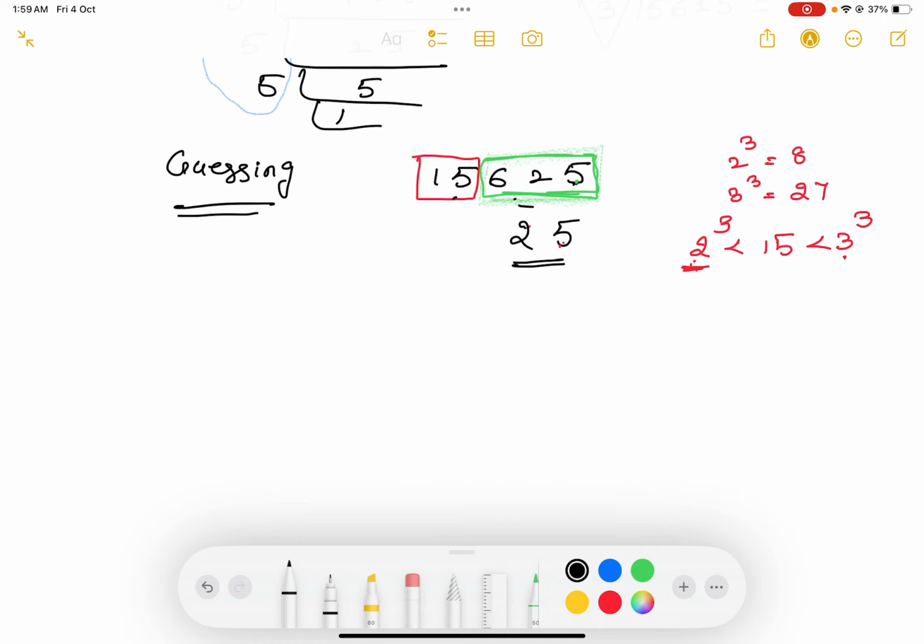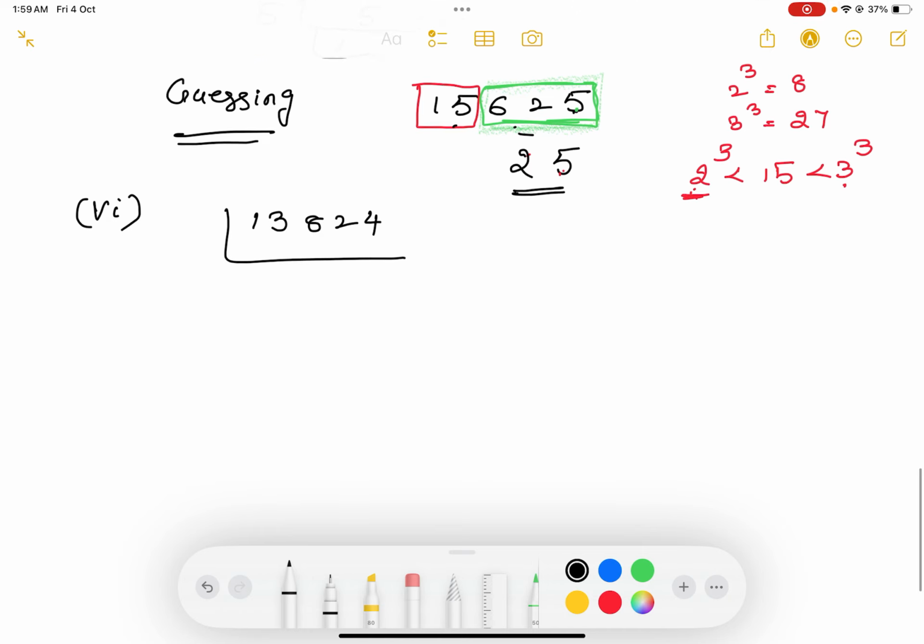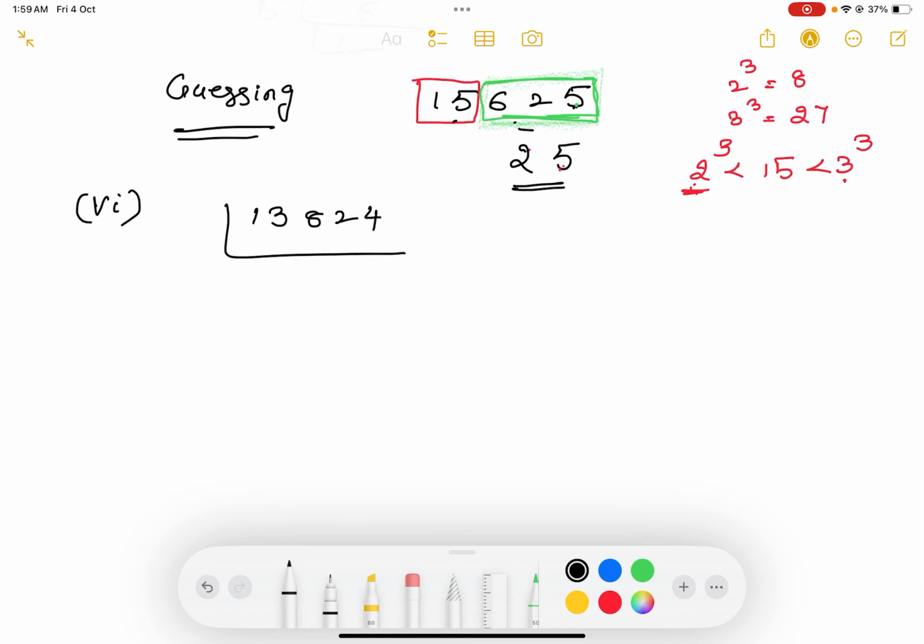Now let us go to the next problem, 13824. Again, by using the prime factorization, the last 2 digits when you consider, this is 24, so it is divisible by 4. So now 4 3s are 12, 4 4s are 16, 4 5s are 20, and 4 6s are 24.